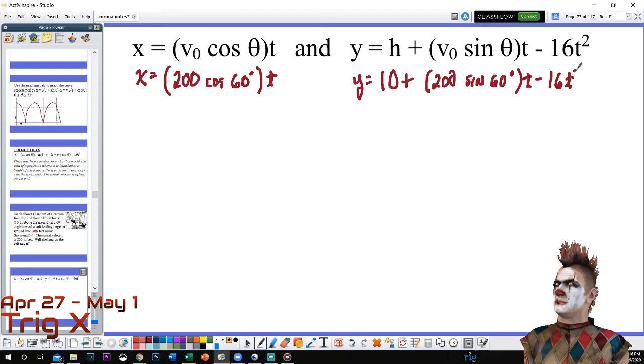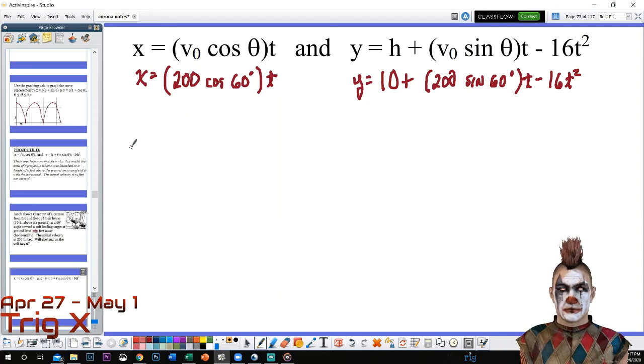Now, you have noticed, hopefully, that we have used degrees here, so that means you're going to have to hit mode and degrees. If you're not already in parametric mode, make sure you're also there too. Now that you have this, you are A-OK to type y equals on your calculator. When you do that, you should be able to put this in for x and this in for y. Go ahead and do that. Before you hit graph, you're going to need to change that window.